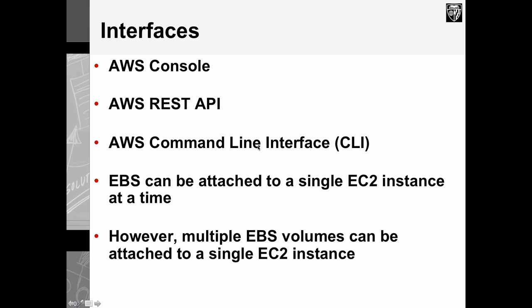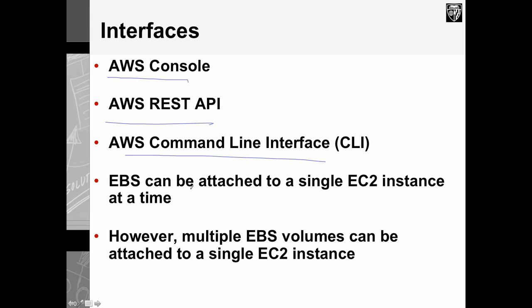Now let's talk about the interfaces or interactions with these EBS volumes. How do we create an EBS volume? How do we provision it to our EC2 instances? Like most AWS services, you can use the AWS console, the REST API, or the command line tool to create a volume, attach it to the instance, and then when you're done, delete it from that instance.